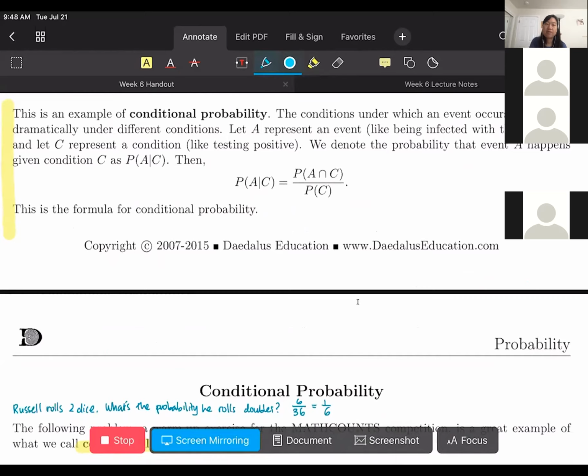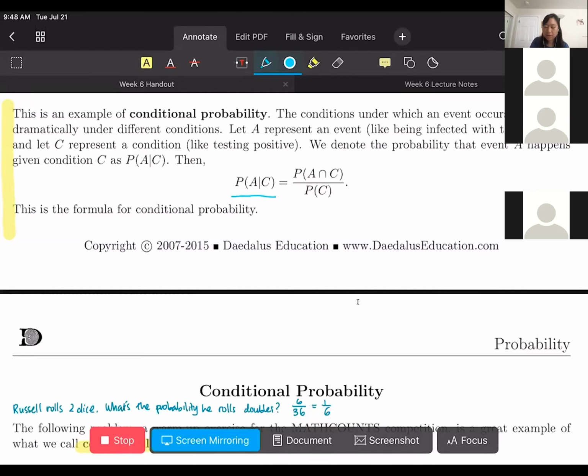So if we have some event A, for example, in this example below, it's going to be rolling doubles, and then C is the condition. So for example, it's that the sum is greater than or equal to 9. Then the probability that an event happens given a condition, we use this notation P(A|C), which is basically saying the probability that A happens given C happens.